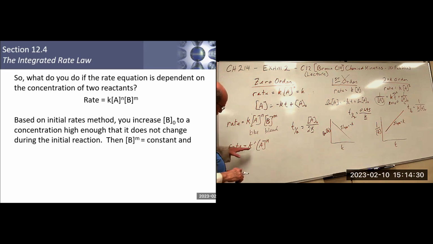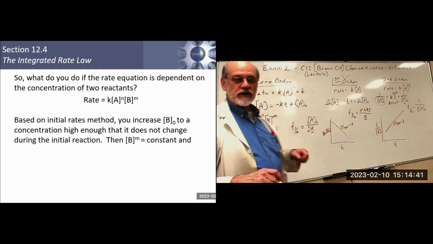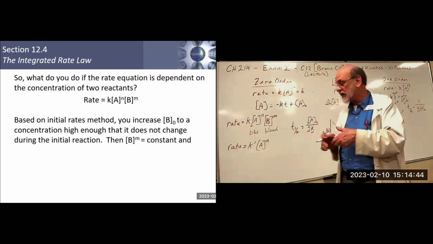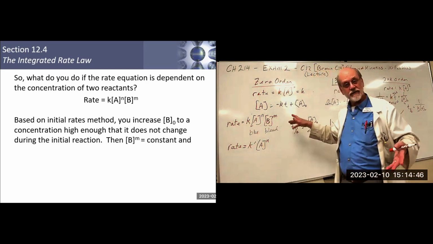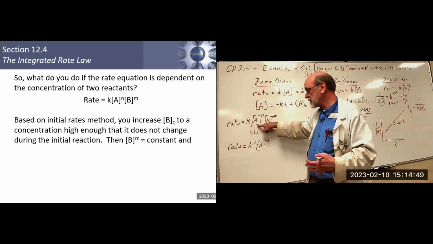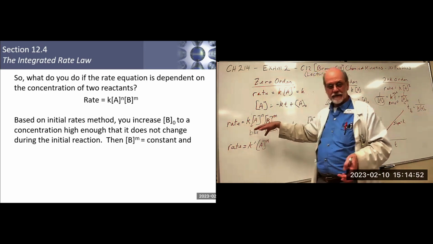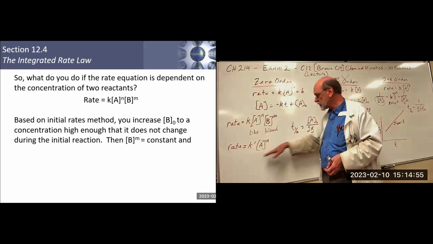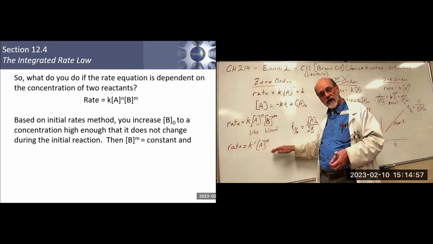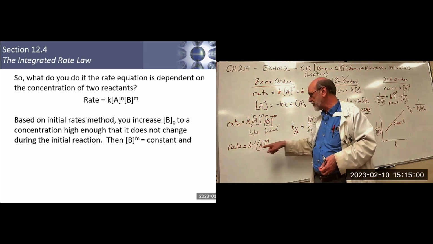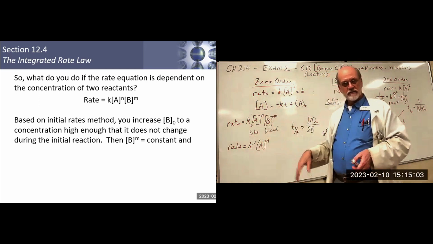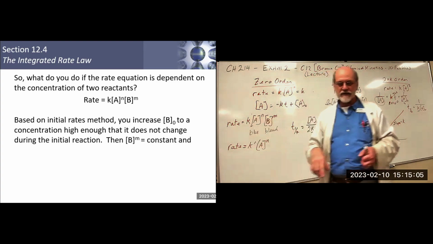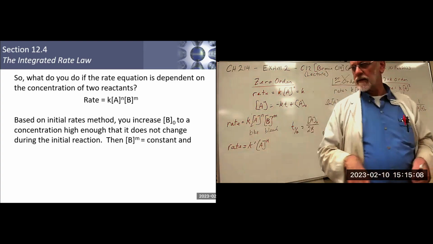The first time we run the experiment, we find out what K prime is. Then we do it again at a different concentration of bleach, still high enough that it doesn't affect the chemistry of A. Then we compare those two equations to determine K prime, and then back calculate to what K is.